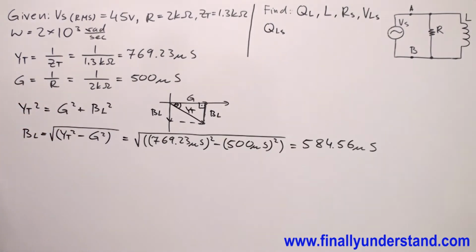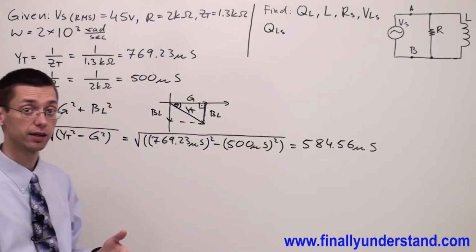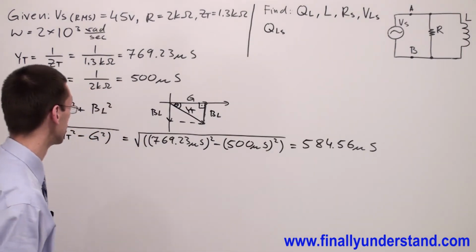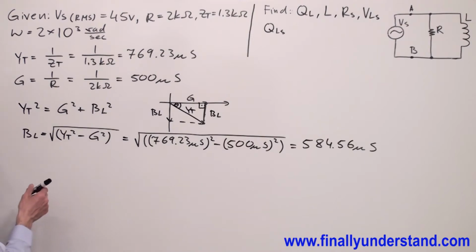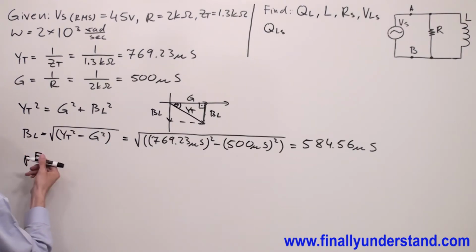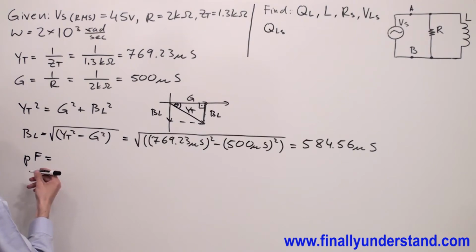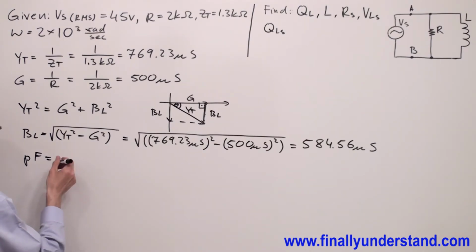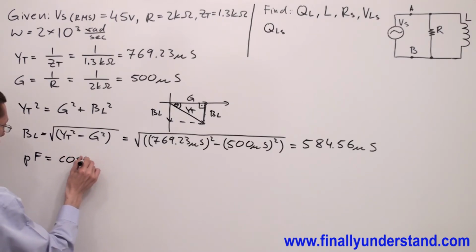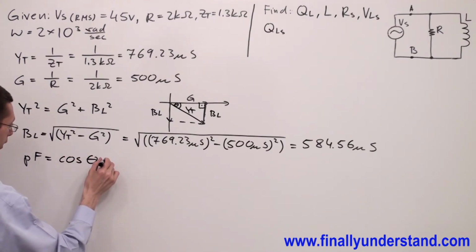Next, we're supposed to realize that next to Y total, we still don't have angle. We have to find the angle. So in order to find the angle, we're supposed to use the formula for power factor, because this is a formula which you're supposed to use very often with this kind of circuits. This is equal cosine of angle theta, right?